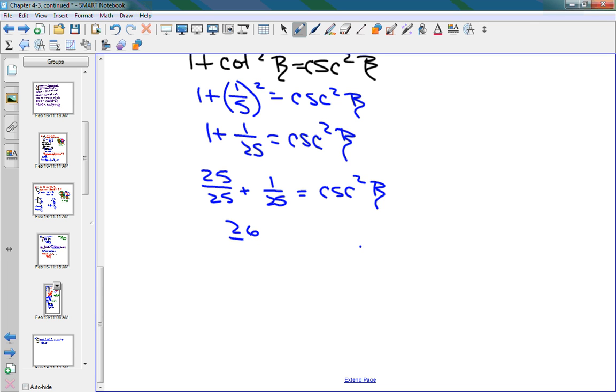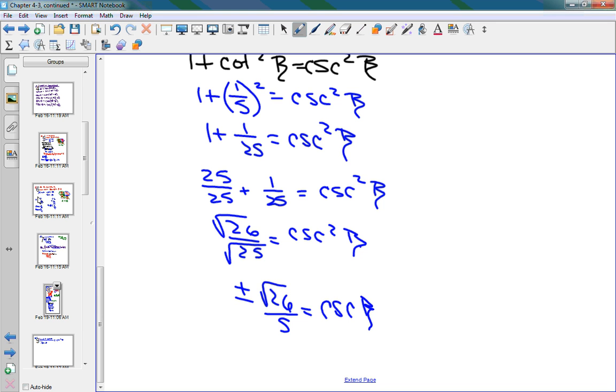That's going to give me 26 over 25. Now what do I do? Take the square root. I'm going to take the square root of the top and the bottom. That's plus or minus the square root of 26 over 5 is equal to my cosecant of beta. So essentially, haven't I found all 6 trig functions now? If I needed to, all I have left to do is my sine, right?